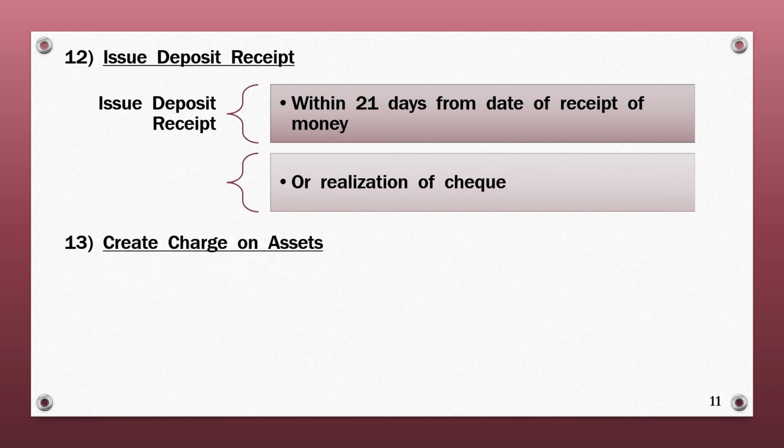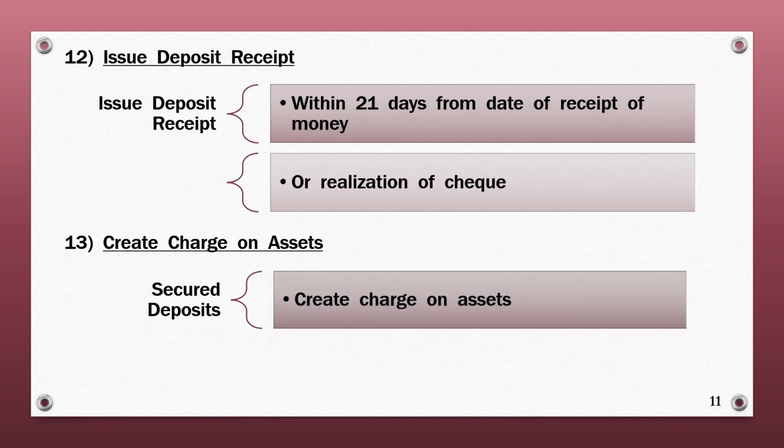The next step is creating charge on assets of company. As discussed earlier, a company issuing secured deposits needs to create a charge on assets of company in order to protect the interest of depositors.